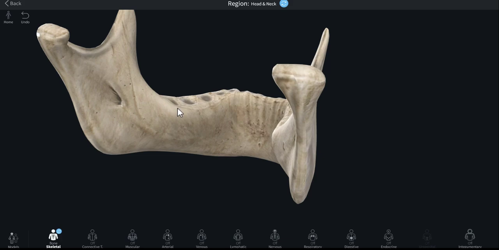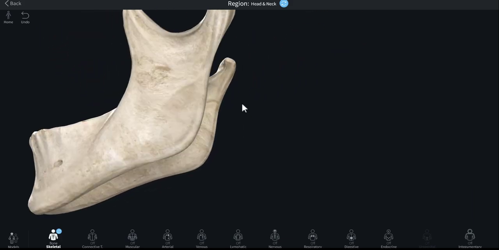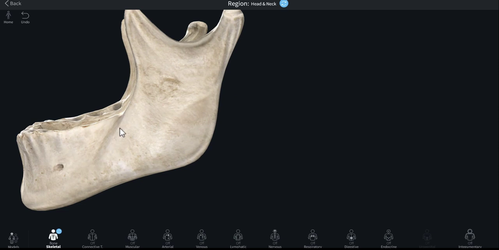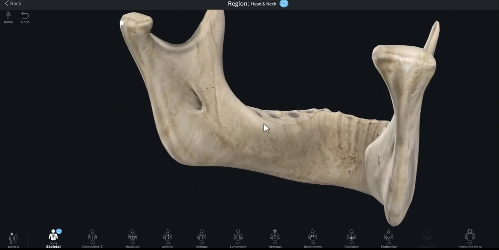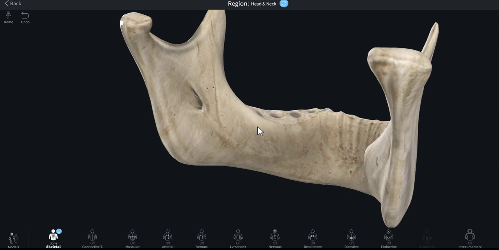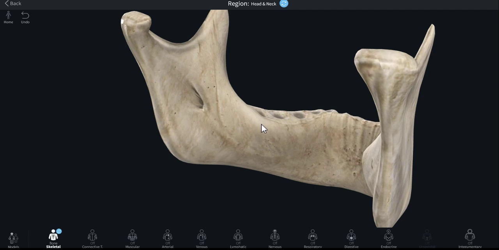So the part behind the oblique line was related to the marginal mandibular branch of the facial nerve and the tortuous facial artery and vein. And this part between the mylohyoid line and the third molar tooth is related to the lingual nerve.